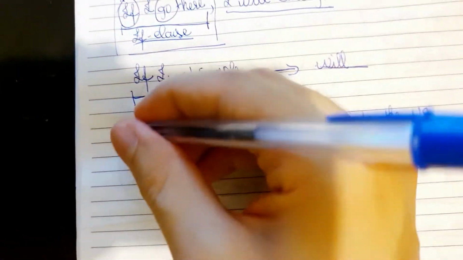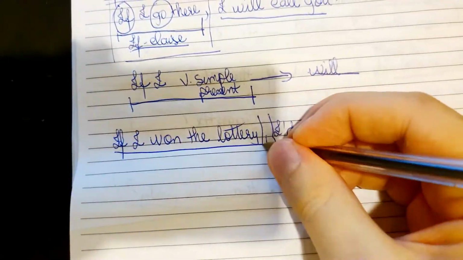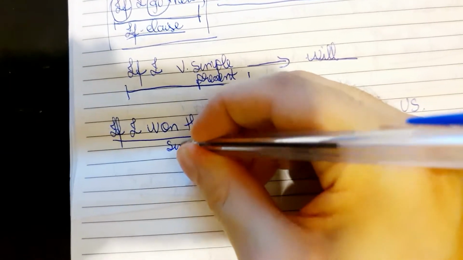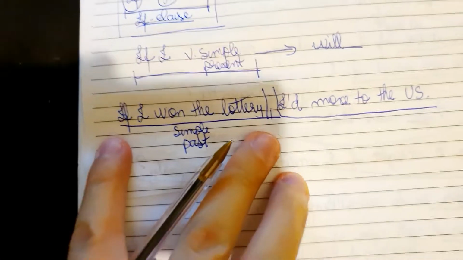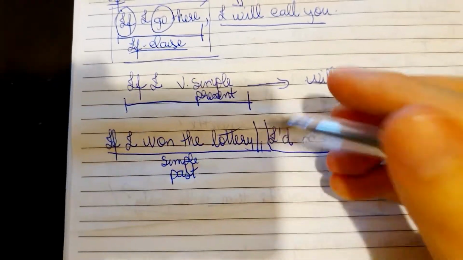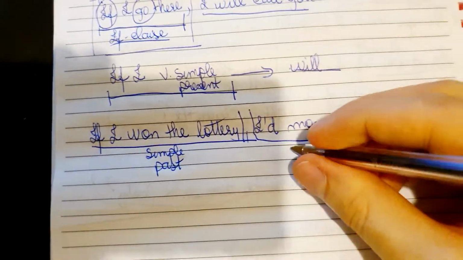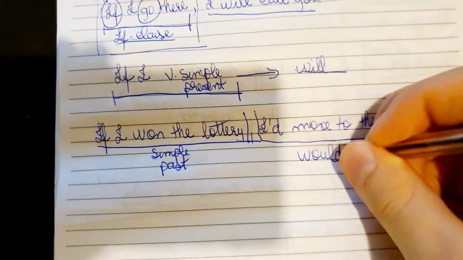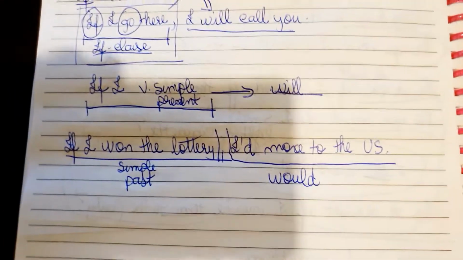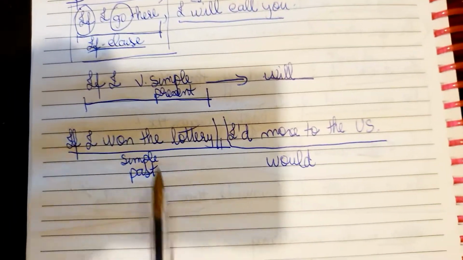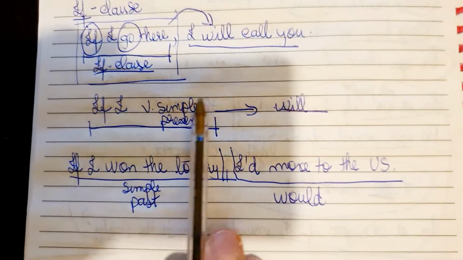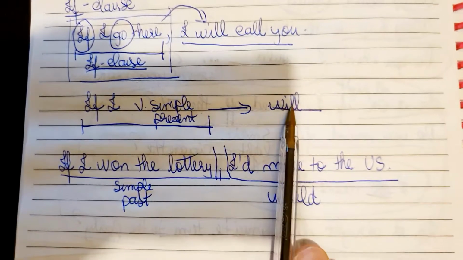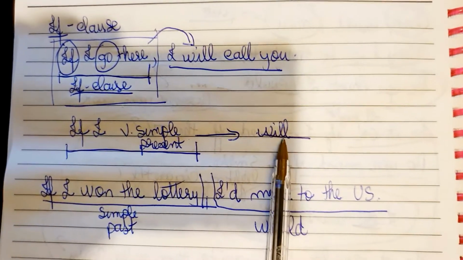So the if clause is in the simple past. This part of the sentence is in the simple past. The other sentence is with would. So what conclusion can we draw here? When we have if plus pronoun plus simple present, the other sentence will have will.